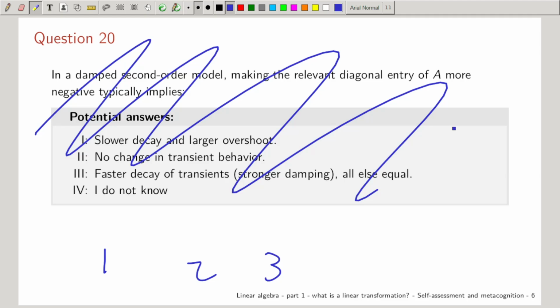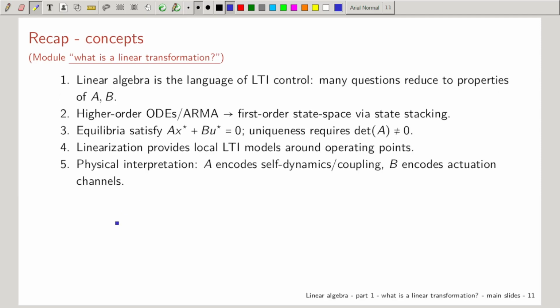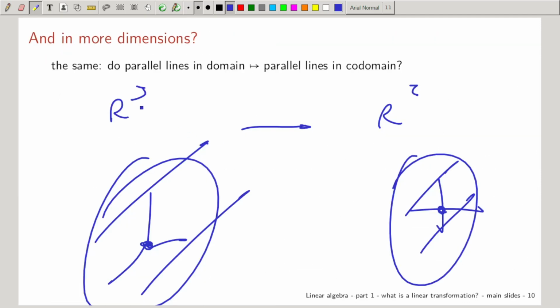Yes. Calculating the transformations, does it have to be from R2 to R2, or can it be from R2 to R and still get it? It can be from Rn to Rm.